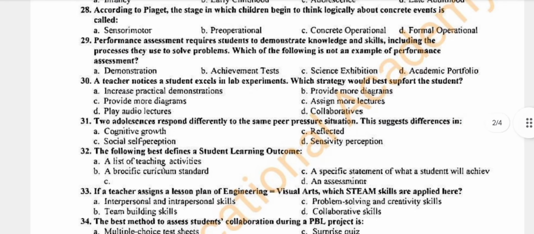Question number 31. Two adolescents respond differently to the same peer pressure situation, which suggests differences in, and the correct option is social self perception. Sorry, B option is correct. Options are different.